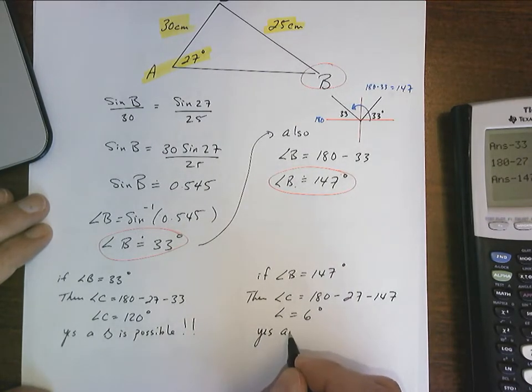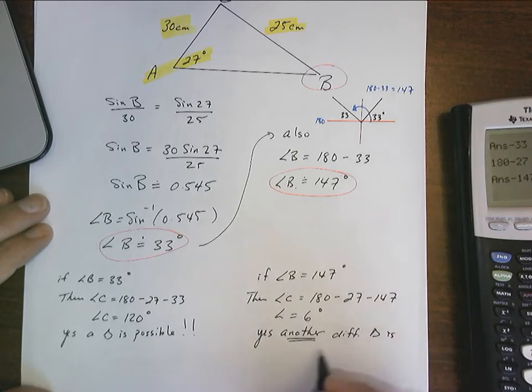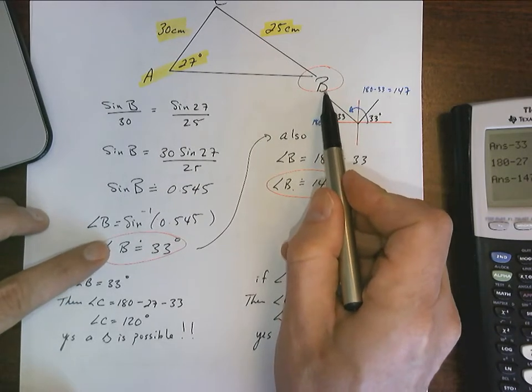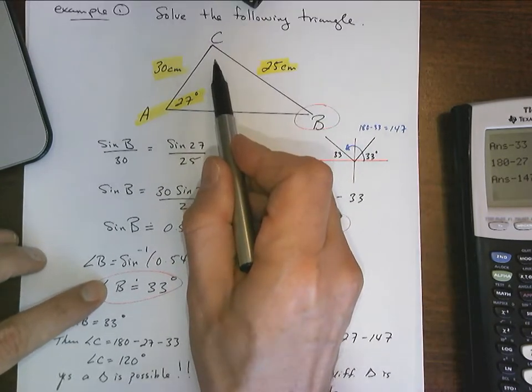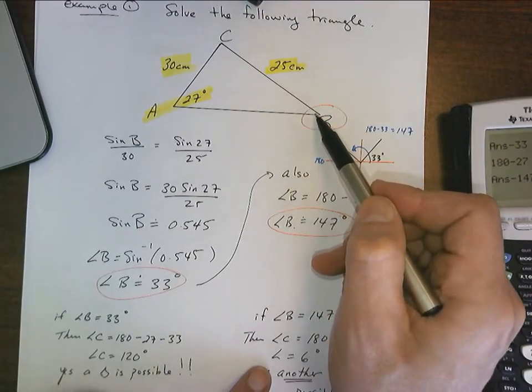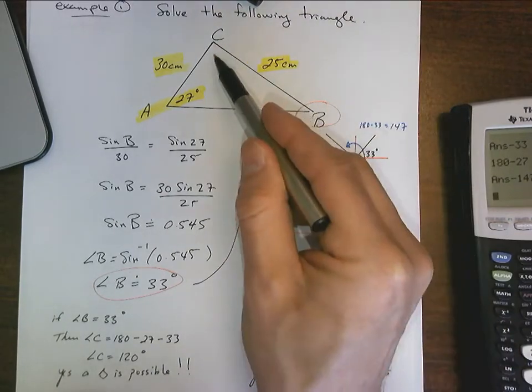So yes, another different triangle is possible. One of them will have angle B as 33 degrees and 120 degrees for angle C. The other one will have 147 degrees here and 6 degrees up here. So 147 here and 6 there.